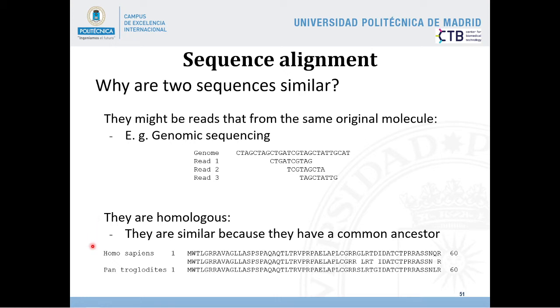Okay, for example, Homo sapiens and Pan troglodytes, that I think is the chimpanzee, if I'm not wrong, this is the systematic taxonomy name for chimpanzee. And you can see that the alignment is almost the same, but this amino acid here is not matching, but the rest of the amino acids are all the same.